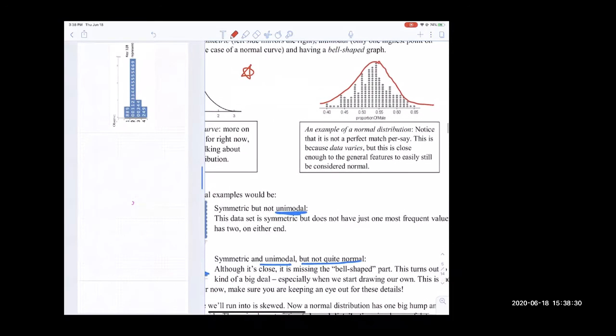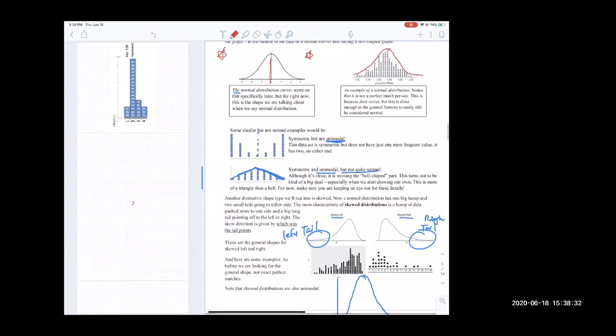So here there's another symmetrical graph. Similar but not normal: it is symmetrical, so if you cut it exactly in half and fold it, your left-hand and right-hand sides are exactly the same, but it's not unimodal. It doesn't have one mound.